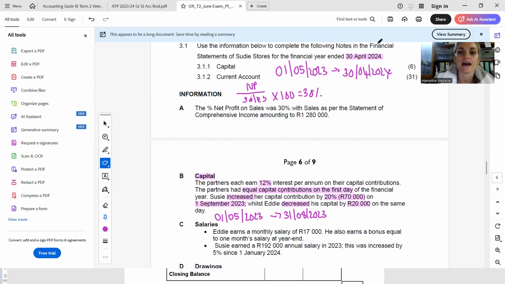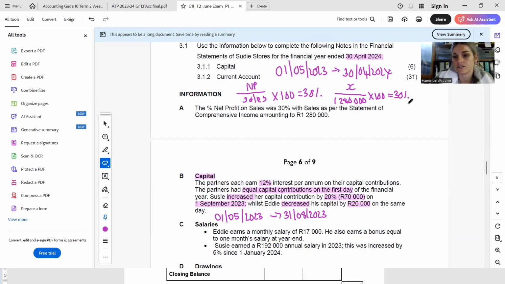Okay, so we now don't know what the net profit was. So net profit is the unknown, but we do know that the sales as per the statement of comprehensive income amounted to 1.28 million. So that multiplied by 100 equal to 30%.